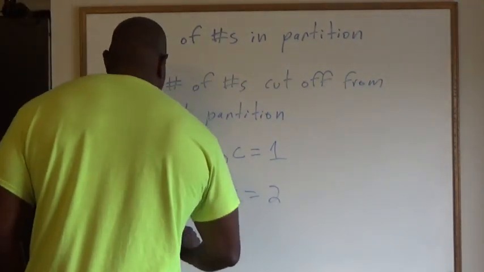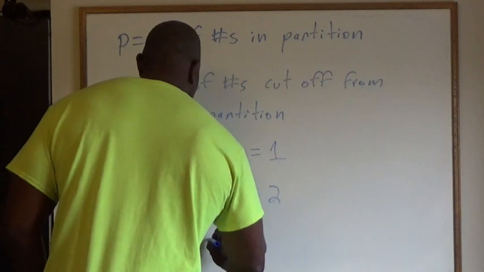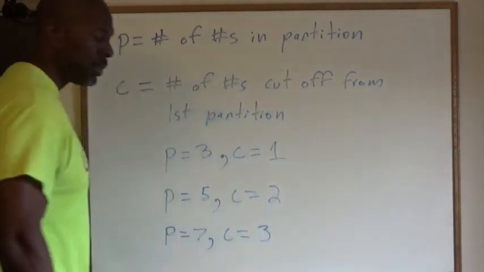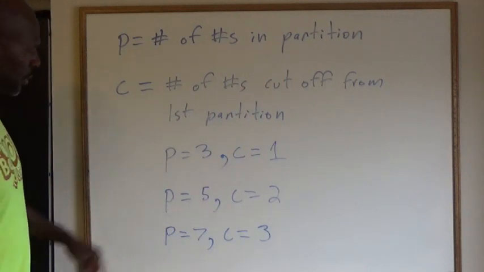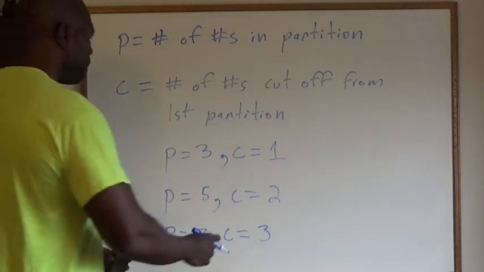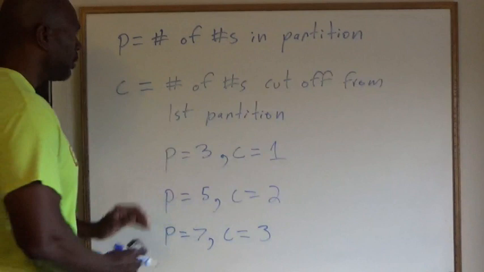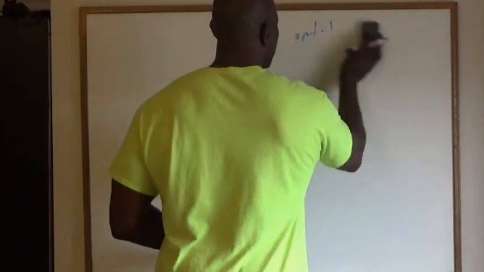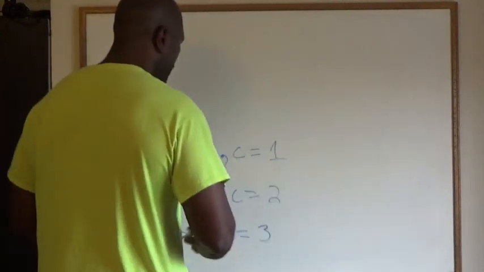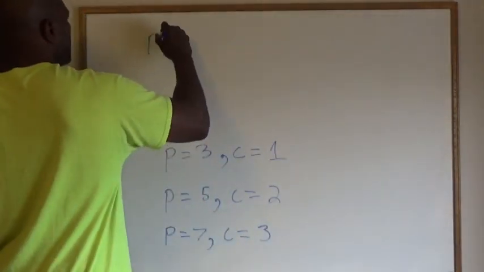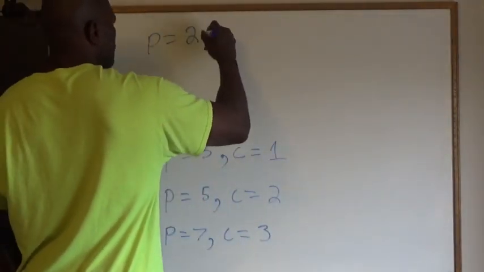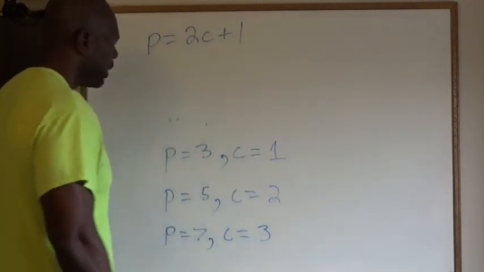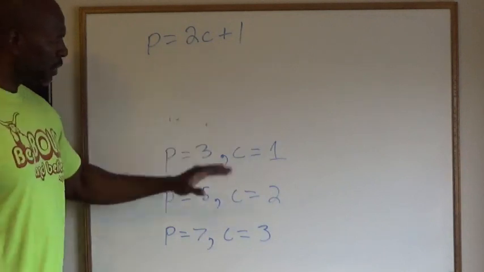And when P was 7, the number we cut off was 3. So there's a linear connection between P and C, which I hope you can see. So I would like to write a formula to represent that. If you look very closely, P is 2C plus 1. So if you look, it should make sense.